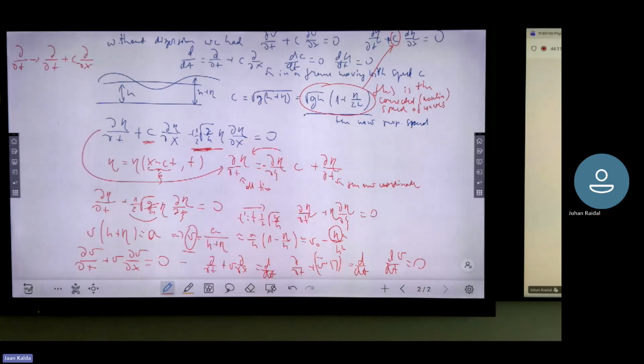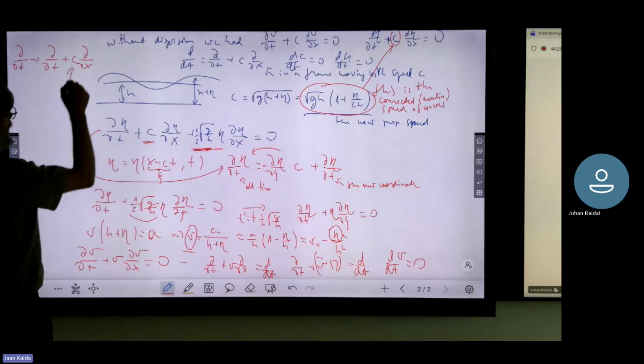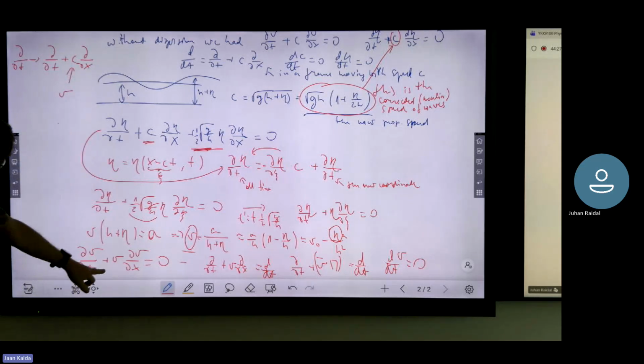If we go to a frame that moves with speed c, then in the co-moving frame the derivative is like that. That we just did right now. Now, it is exactly the same thing, but here we substitute c with v. So this thing here is the derivative in a frame moving with speed v.